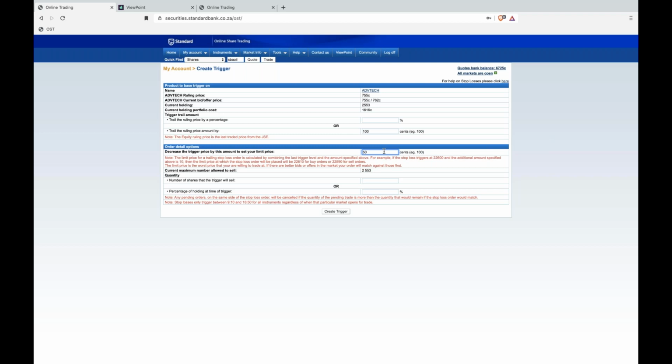And if there's a better price, always, when you submit an order, the JSE works on a time price equation. If there's a better price in the market, you will get it. So if you say, I want to sell a share at 10 Rand 50, but there's a buyer at any price above 10 Rand 50, you will get that price, assuming there's sufficient volume.